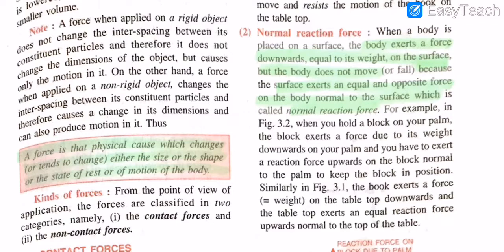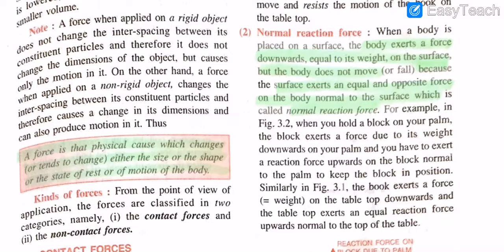That is the change of the state of rest or motion, and also the size or shape of the body. So you can either remember both the effects of force and derive the definition, or you can remember the definition and then break that down and get the two effects of force.